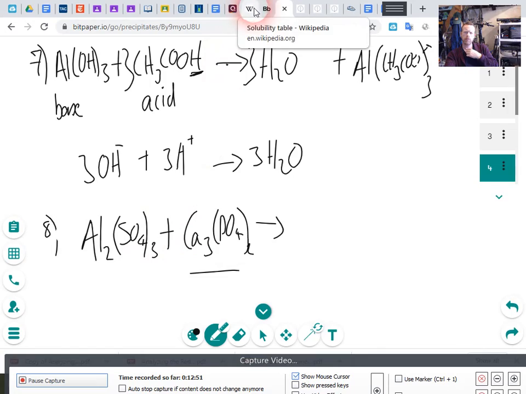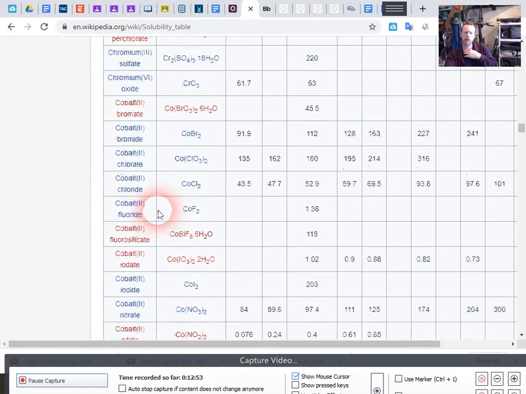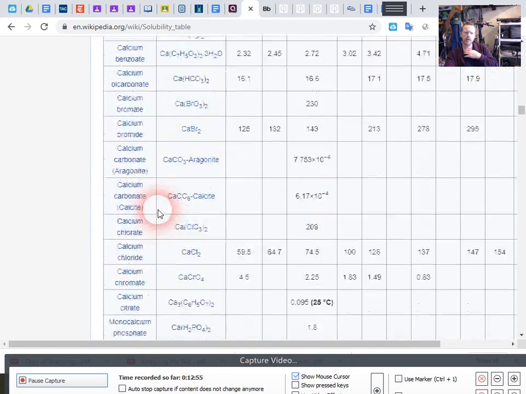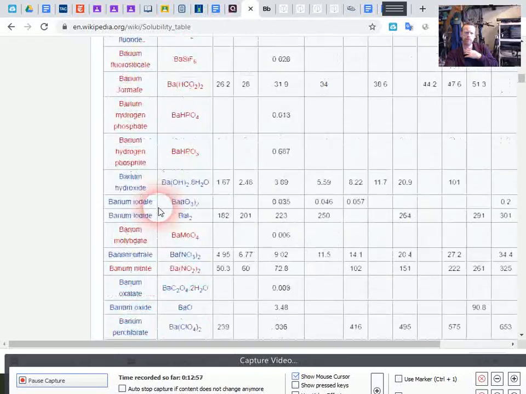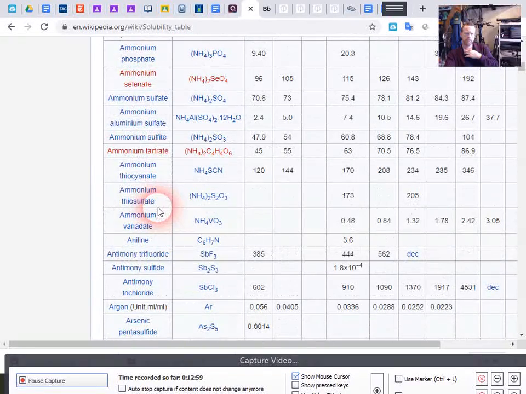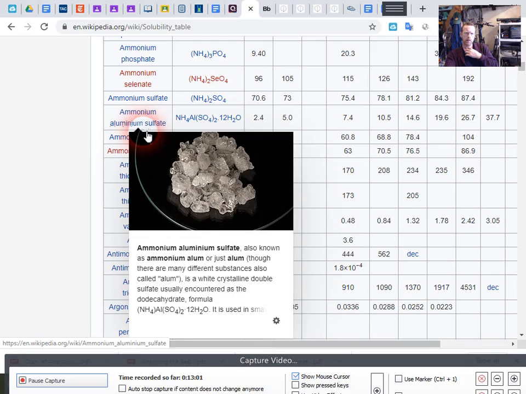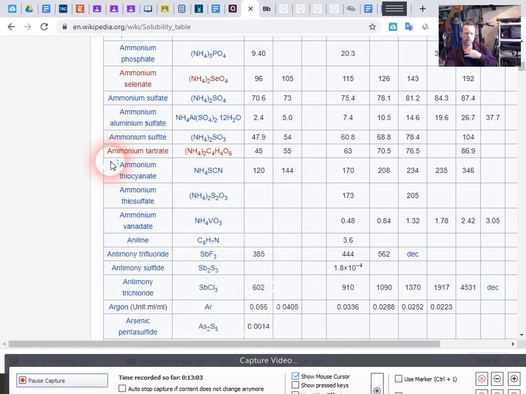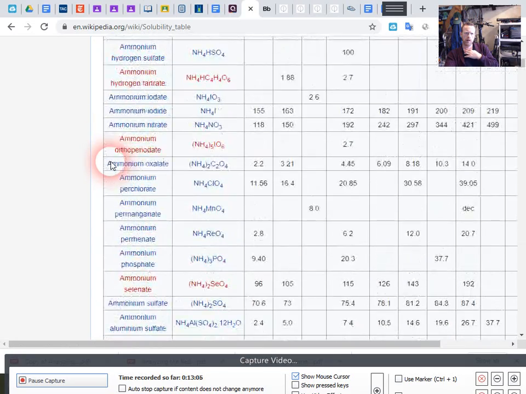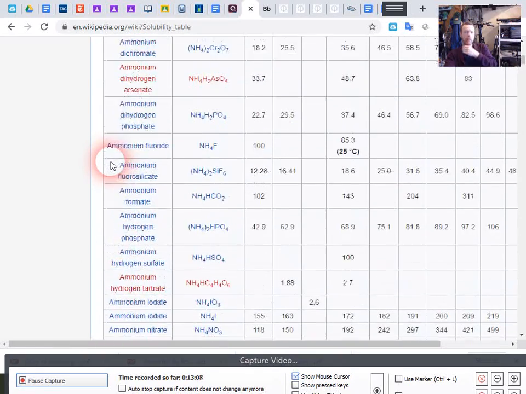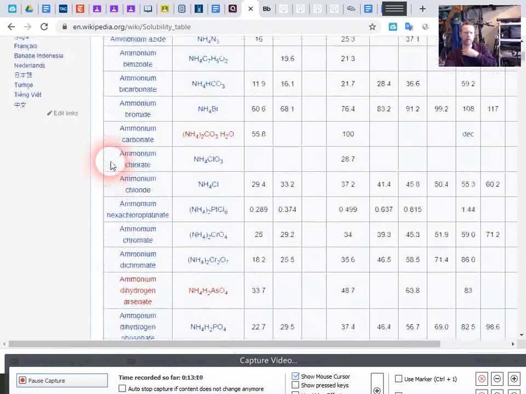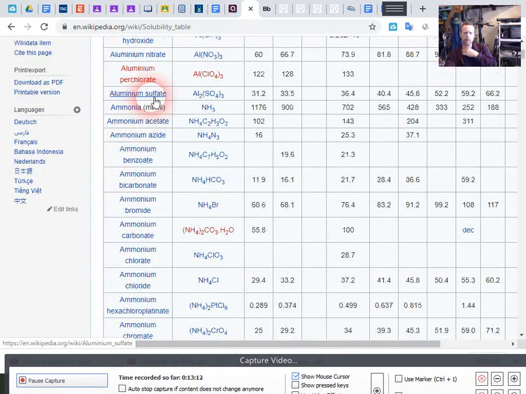Aluminum phosphate. Let's see. Soluble. So aluminum sulfate is pretty soluble.